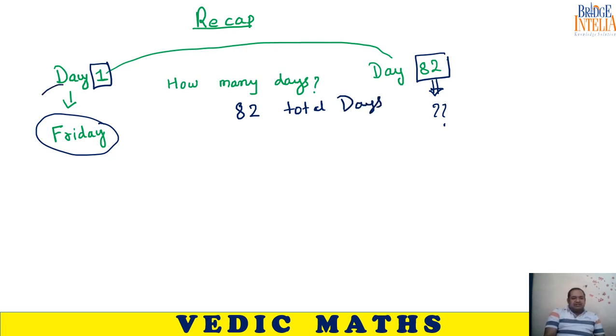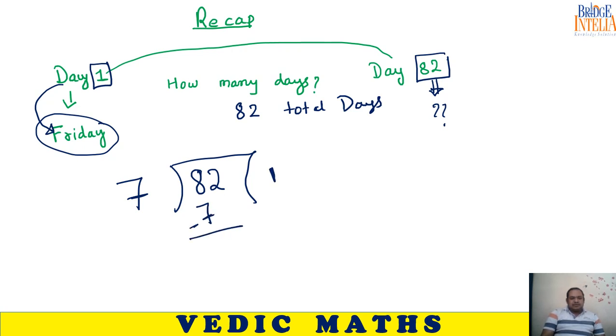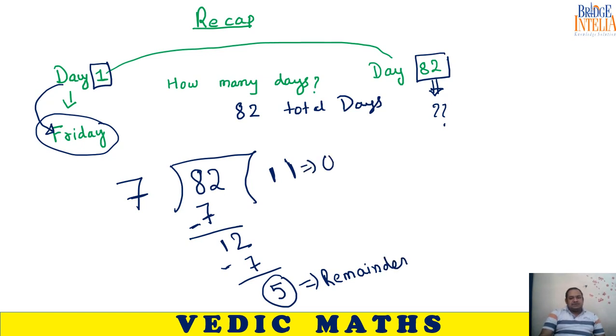And the first day is Friday. This is the information that is given to you. Now what do you have to do? You have to divide 82 by 7. So you see this 5 is the remainder and this 11 is the quotient.